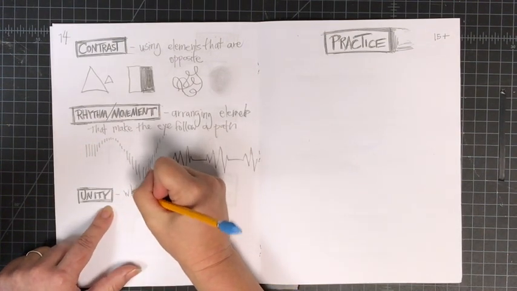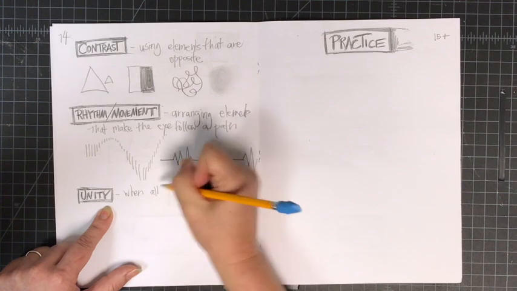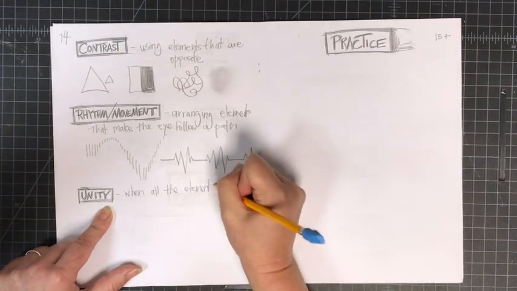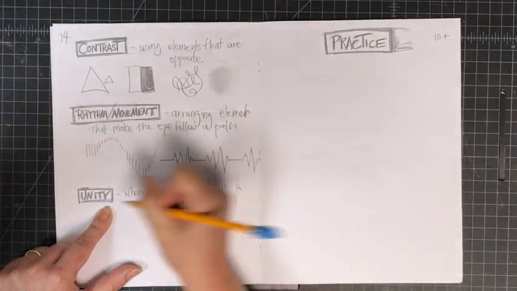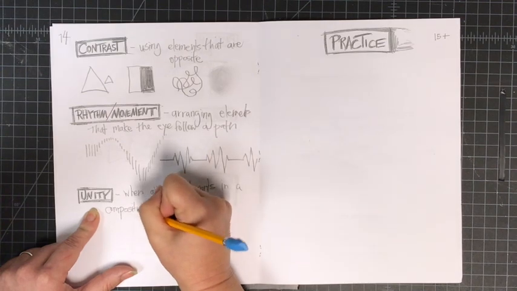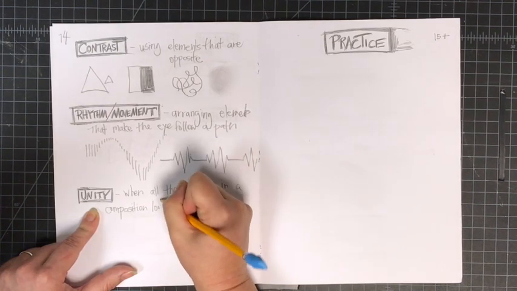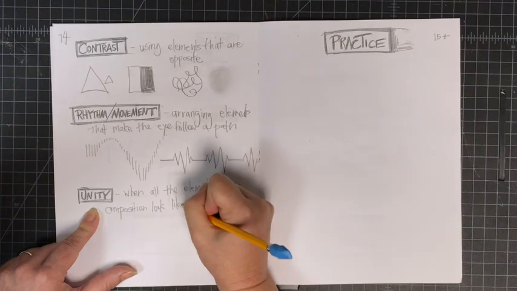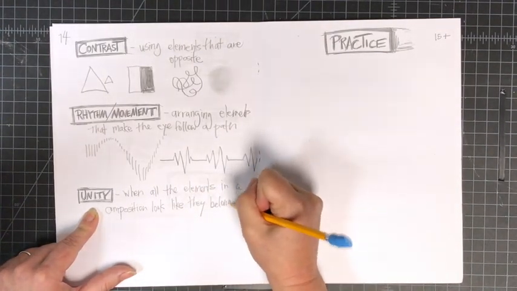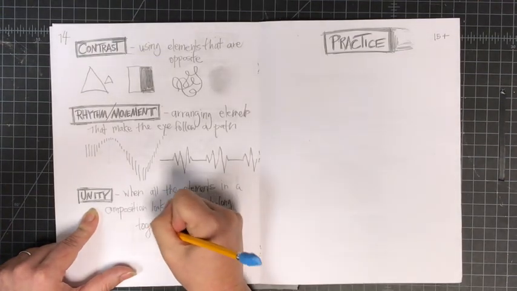It's when all the elements in a composition look like they belong together.